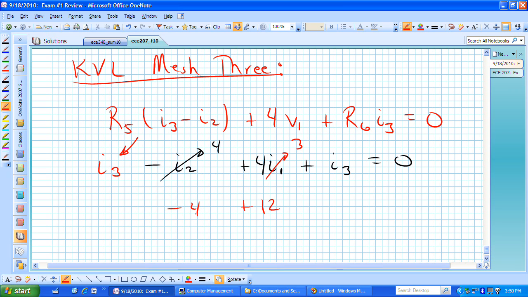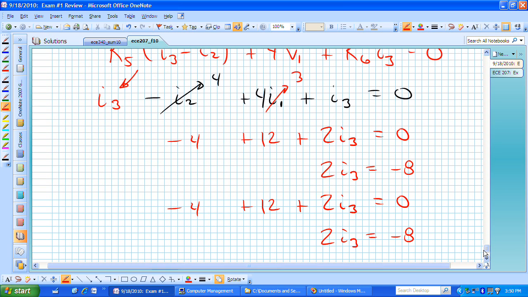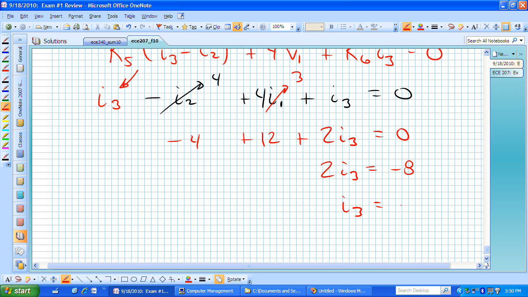Here's minus 4, and we have 2 I sub 3. All of those equal to 0. Or 2 I sub 3 is now equal to minus 8, or I sub 3 is equal to minus 4 amps.